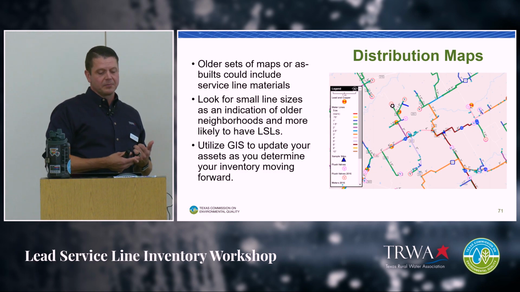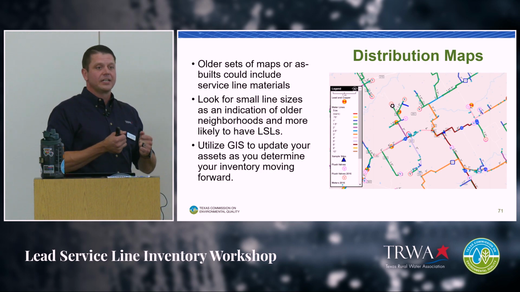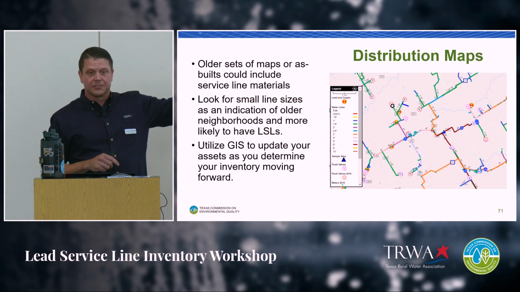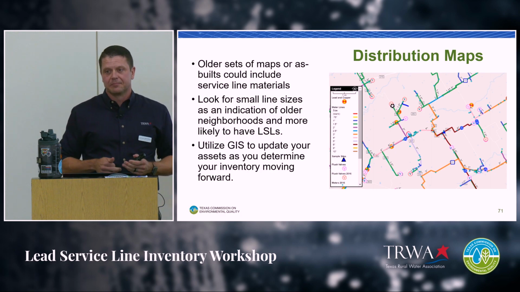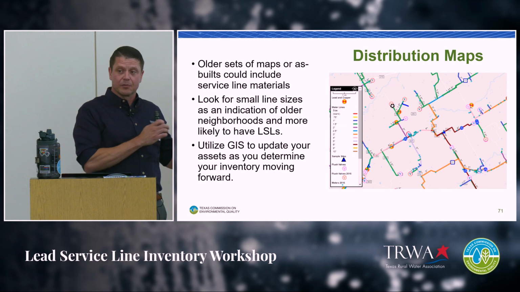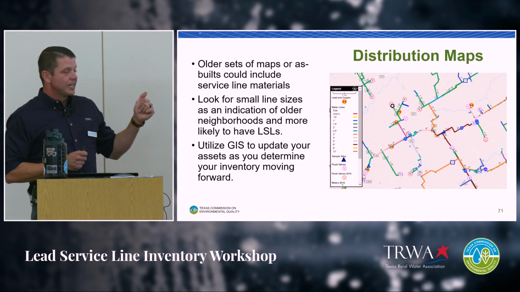So reviewing older maps. As I mentioned before, looking for smaller lines. So if you're actually, and I have seen this, that a utility is using a 1 or a 1.5 inch line as a main line. We haven't been able to do that in a long time. So that may give you some indication to start looking in that area because apparently that was probably put in some time ago.